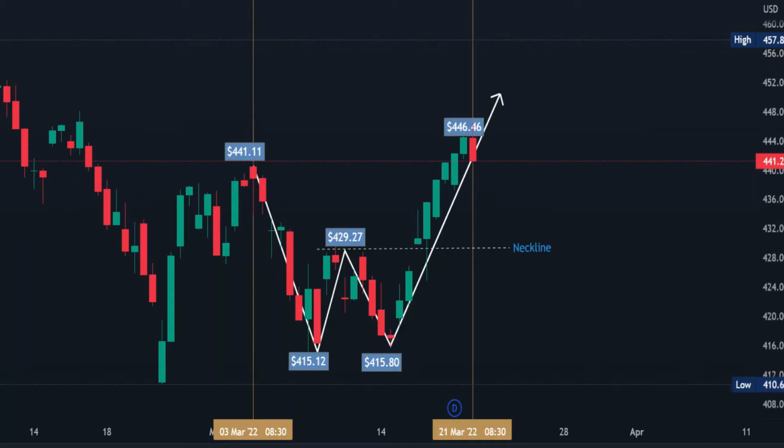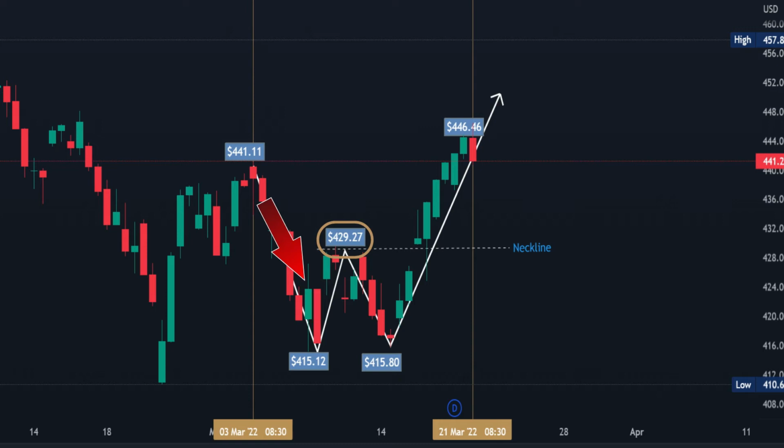Here's an example of a W pattern on SPY, the ETF for the S&P 500. As you can see here, SPY started a downtrend from 441.11 down to 415.12, where it finds its first bottom, bounces up to 429.27 for its neckline resistance, where it's rejected back down to 415.80.